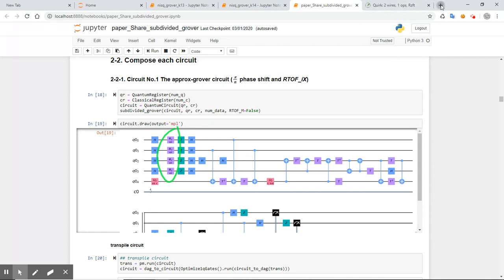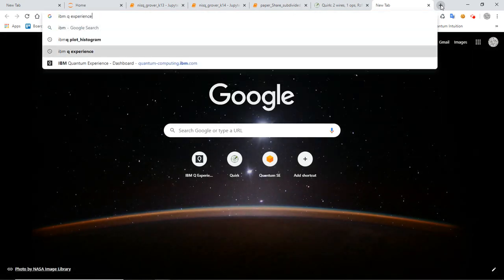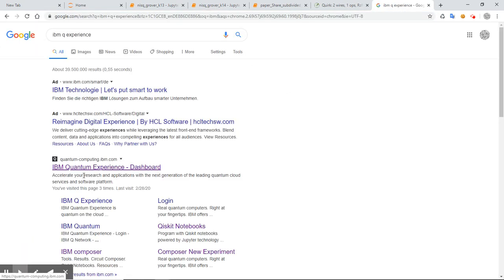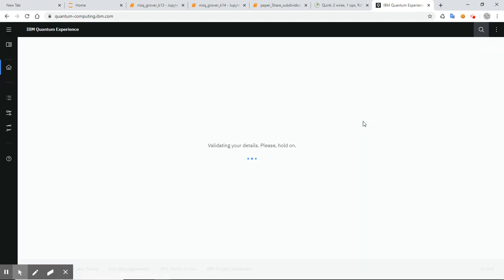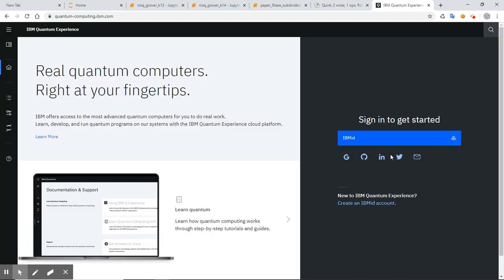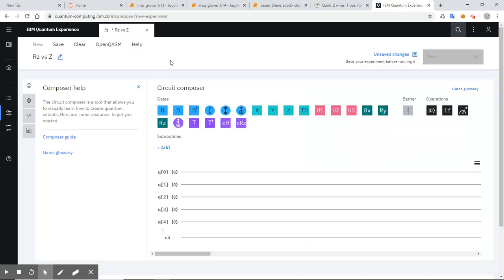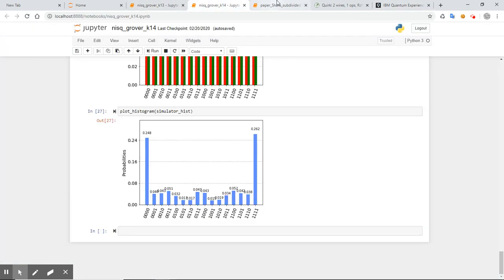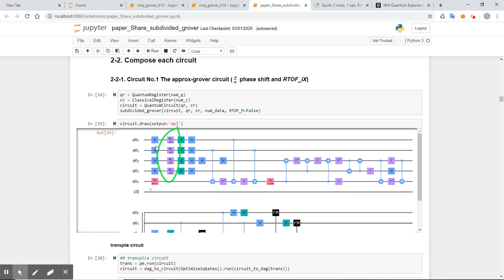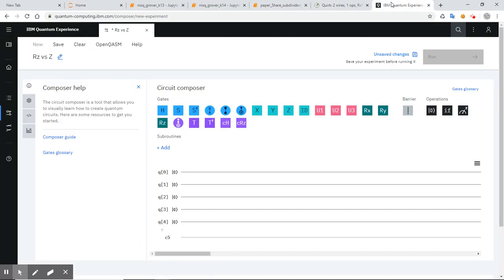Let's take a look at this. So IBM. Let's take a look at the composer. I'm gonna call it RZ versus Z. I just logged in right now. Because really this is what's in here: the Hadamard gates and then this pi divided by 4 RZ rotation. So let's say the following.